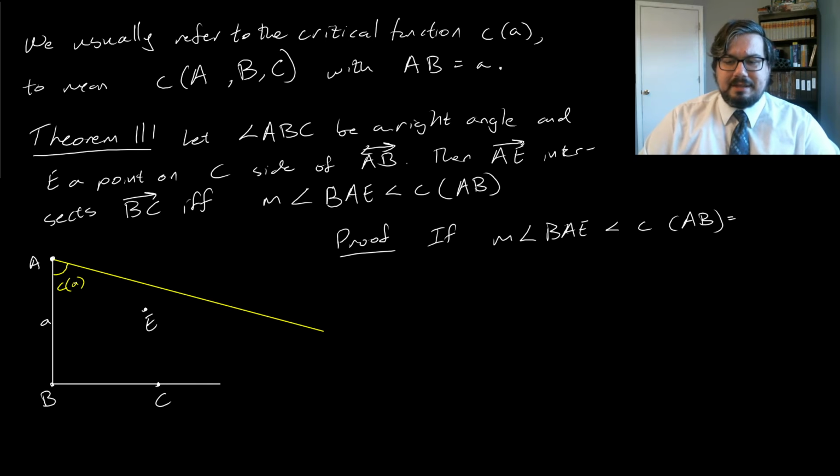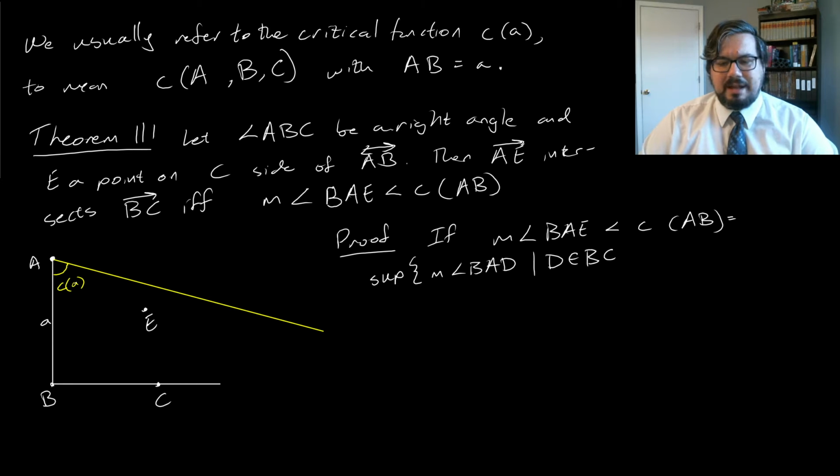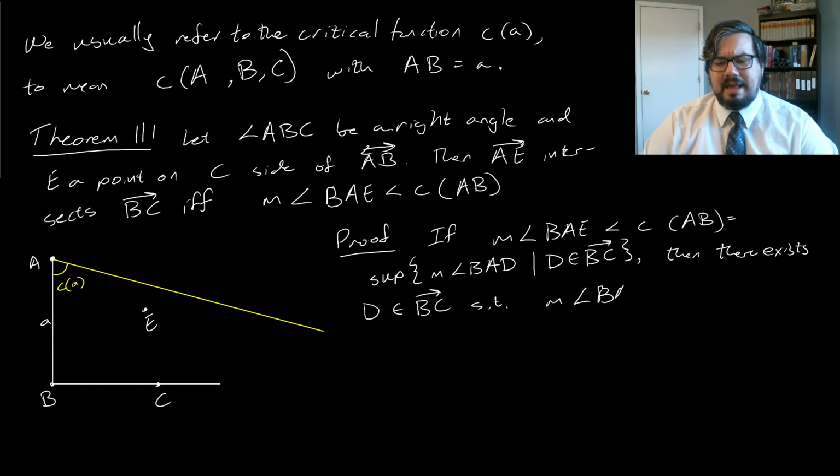And so the critical function of AB is equal to the supremum of the set of angle measures BAD, where D belongs to the ray BC. So that means that there exists a point D in the ray BC such that the measure of angle BAE is less than the measure of angle BAD.